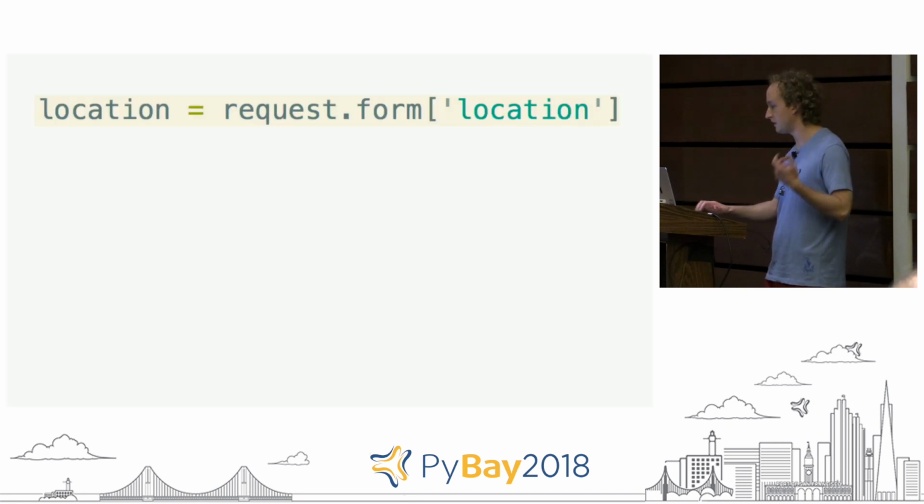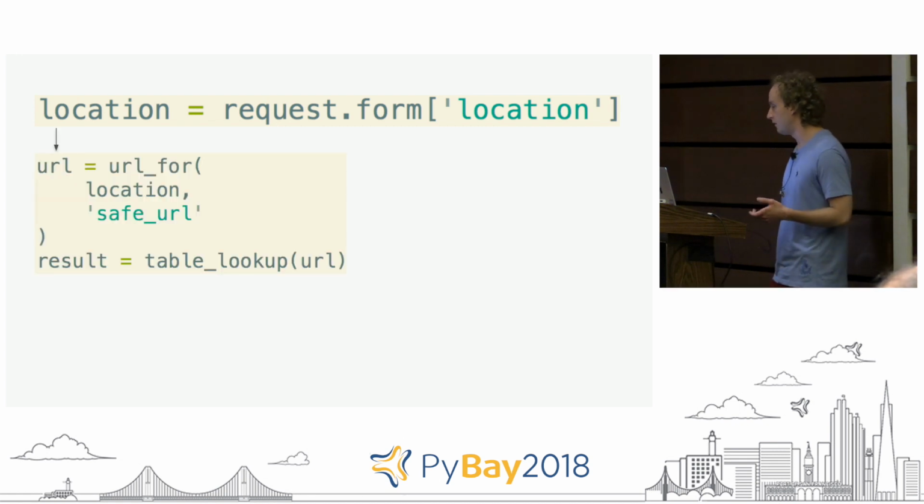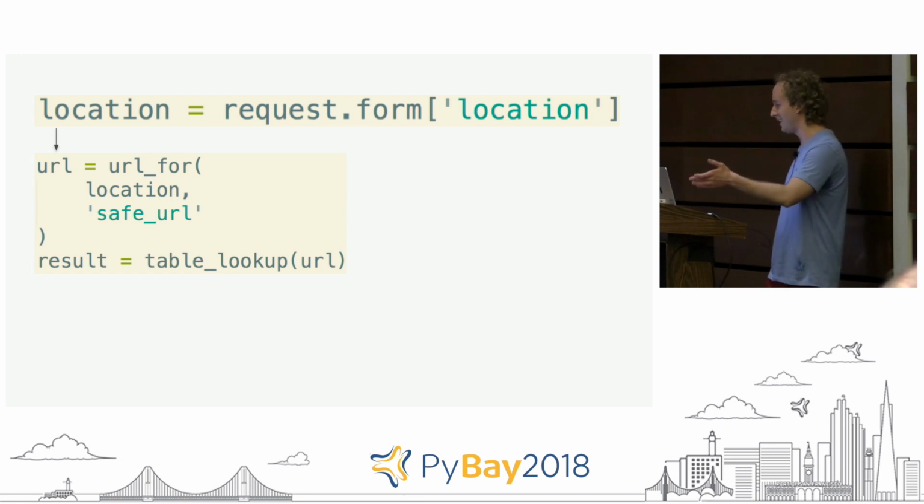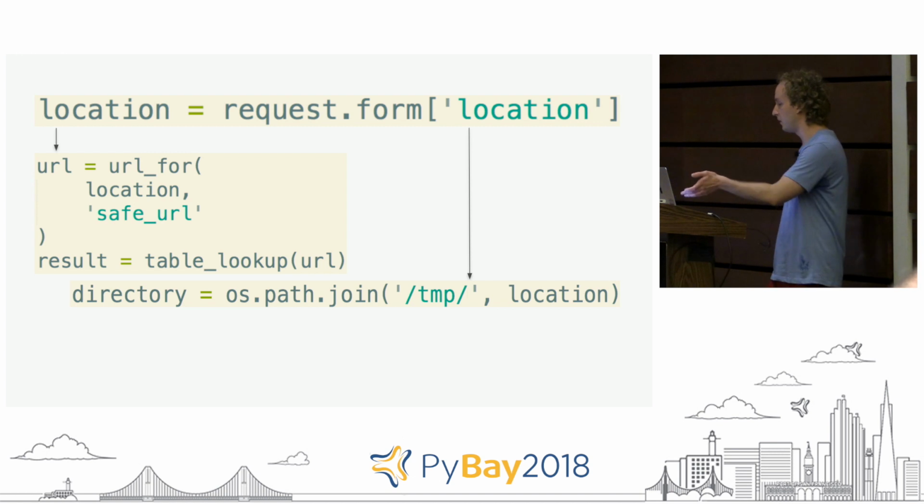And so for an example, say we have this source location. It flows into the url_for function, which can only really return previously defined URLs inside your application. So we don't really care that much about the return value of url_for for a security reason. Whereas if location flows into os.path.join, location can do ../ whatever.